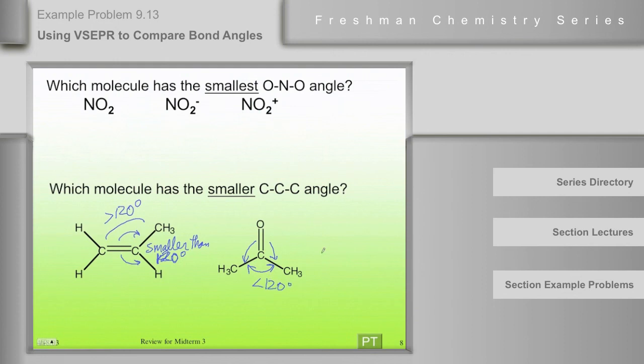So this is the acetone molecule. We did it in class. And as you can see, it will be the correct answer. It will have the smaller bond angle because the double bond is on the other side of that particular angle, so it's going to squeeze that one down. Whereas over here in this molecule, which is propene, the double bond will widen that angle.